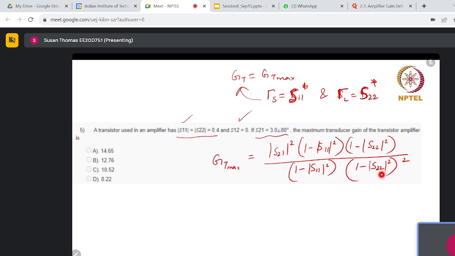Now, after substituting gamma S as S11 conjugate and gamma L as S22 conjugate, the denominator and the numerator get cancelled. Finally, you have mod S21 square divided by 1 minus mod S11 square multiplied by 1 minus mod S22 square.